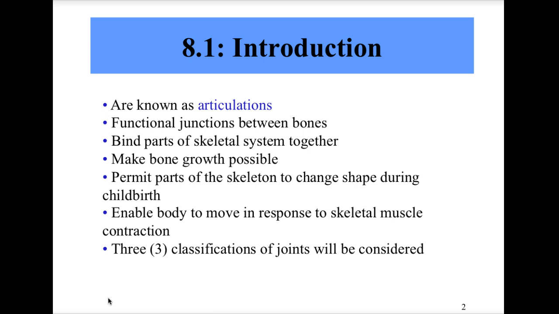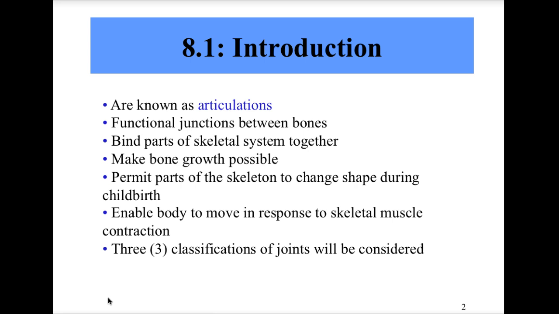Another name for joints is articulations, and joints or articulations are those functional junctions that occur between bones. They bind the parts of the skeletal system together, and they make bone growth possible. They also permit parts of the skeleton to change shape during childbirth.